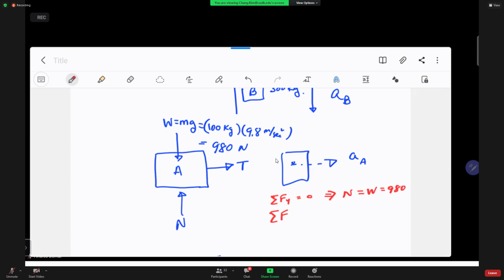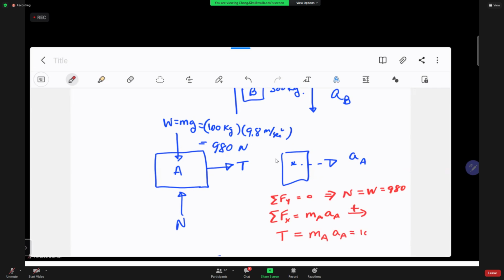But the A is going to be moving horizontally. So therefore, the force in the x direction is equal to the mass of A times the acceleration of A. Since it's moving to the right, and also acceleration is moving to the right, so it's in the collinear direction, and the only tension is pulling the mass of A to the right.